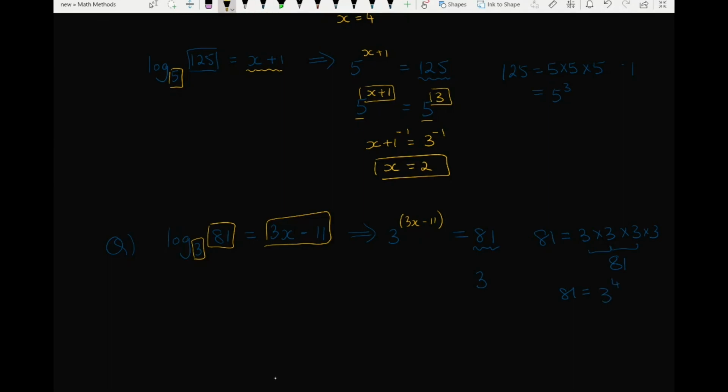So you can write this as 3 to the power of 4 equals 3 to the power of 3x minus 11. Now, because our bases are the same, we can make the powers equal each other. So 3x minus 11 equals 4. Now, if we add 11 on both sides, because now we just have to solve for x, we're going to have 3x equals 15. And then if we divide by 3 on both sides, we'll have x equals 5.